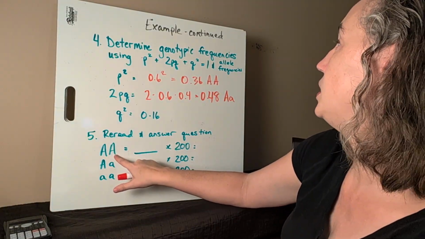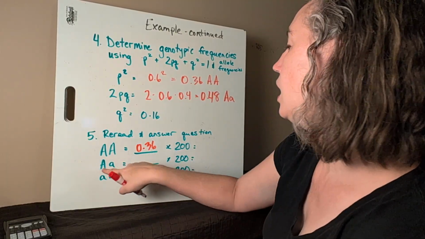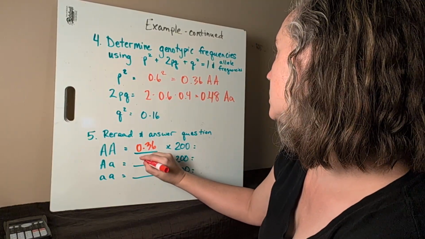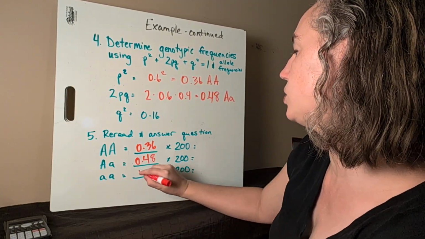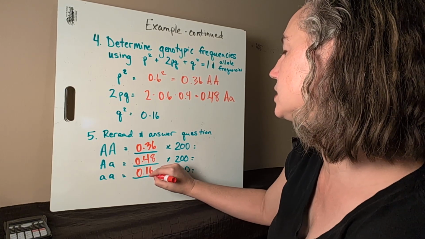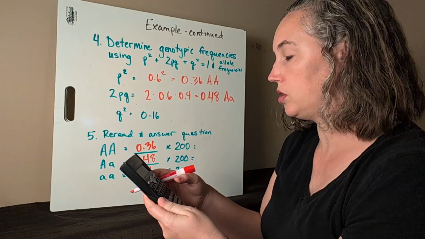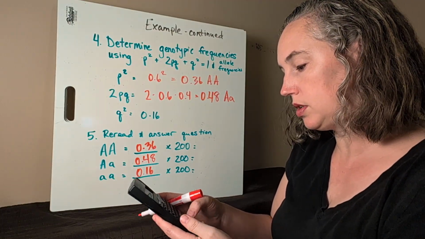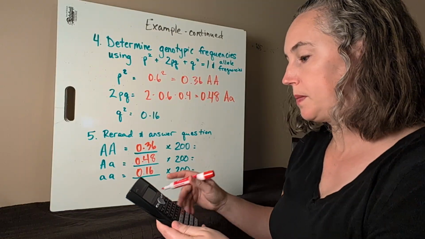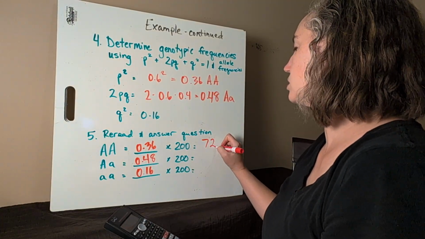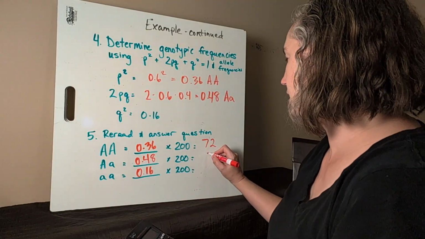So our p squared was 0.36, our heterozygous 2pq was 0.48, our q squared was 0.16. And if we do that math on our calculator real quick, 0.36 times 200 is 72 individuals. 0.48 times 200, that's probably going to be 96.